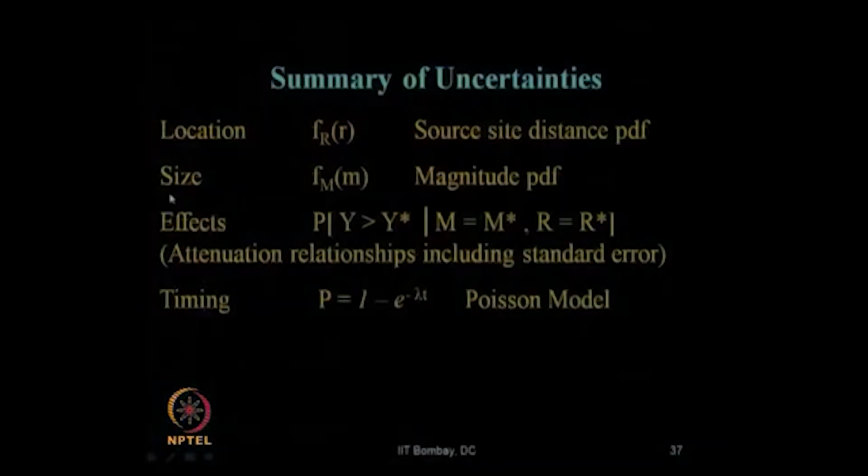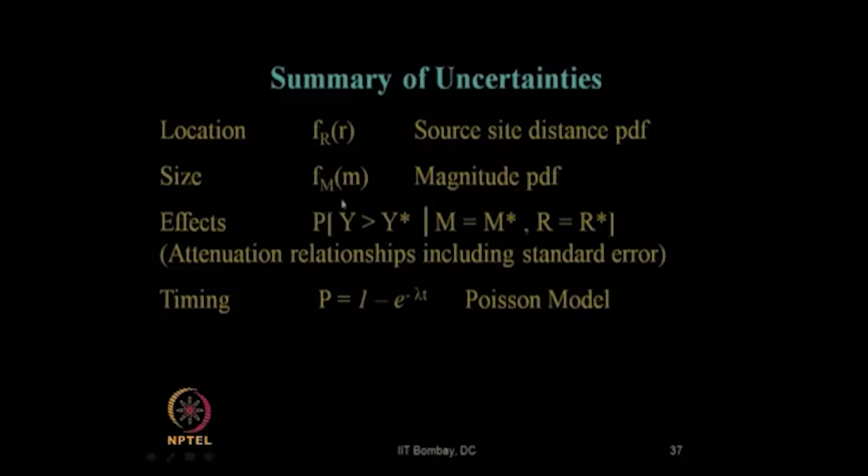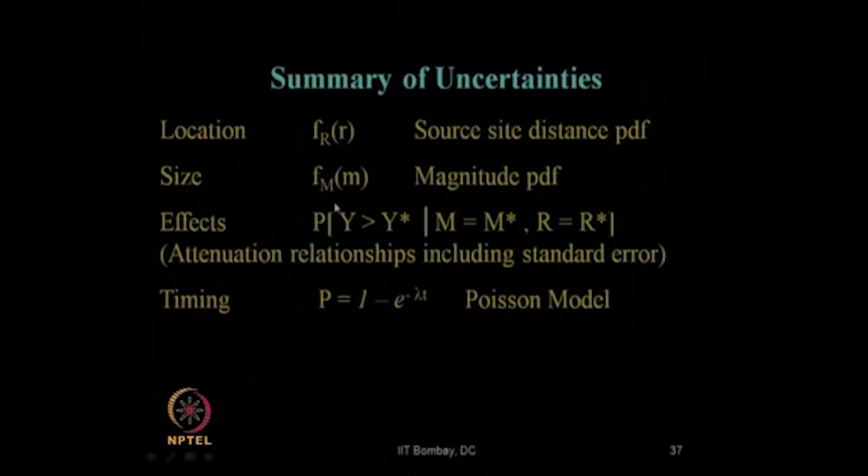Next is size, the uncertainty related to the size of the earthquake, that is the magnitude probability distribution function. That we have also seen, for upper bound and lower bound of magnitude, the Gutenberg-Richter recurrence law or earthquake recurrence law, and the corresponding probability distribution function.